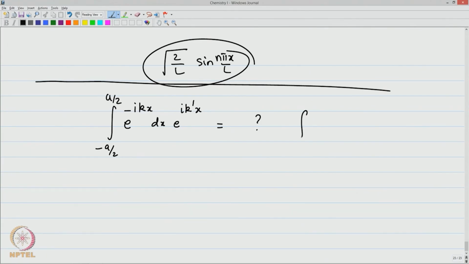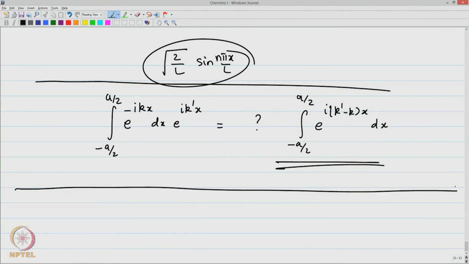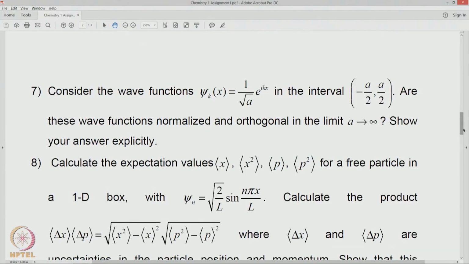It is of course the integral from minus a by 2 to plus a by 2 of e to the i (k prime minus k) x dx, and you know that this is not orthogonal. The integral is not 0 for finite a. So, you can do this integral. The next problem is a slightly longer problem. We will do that in the next part.